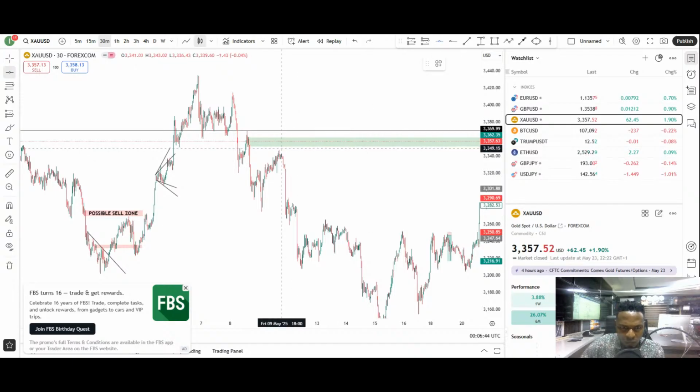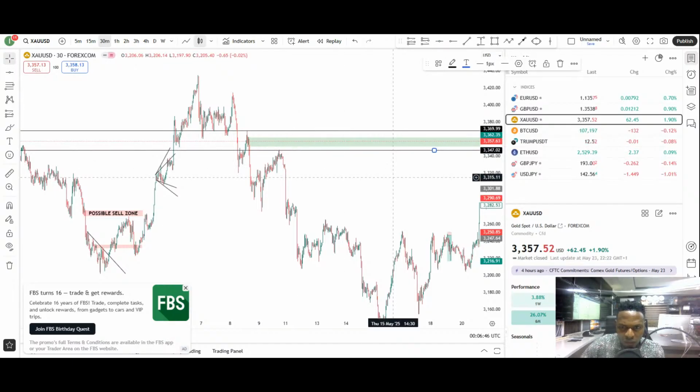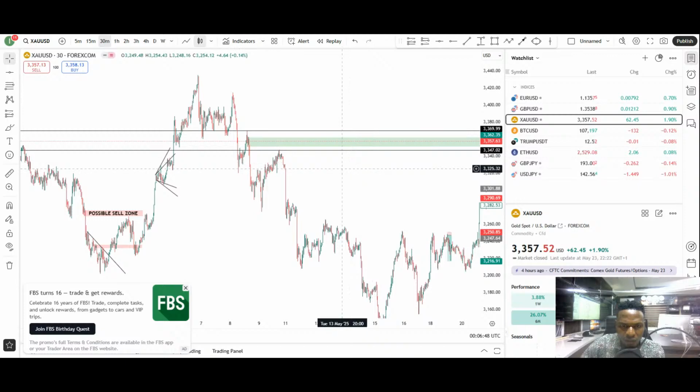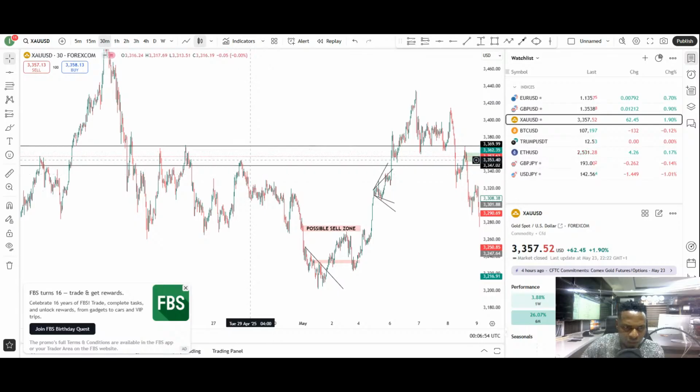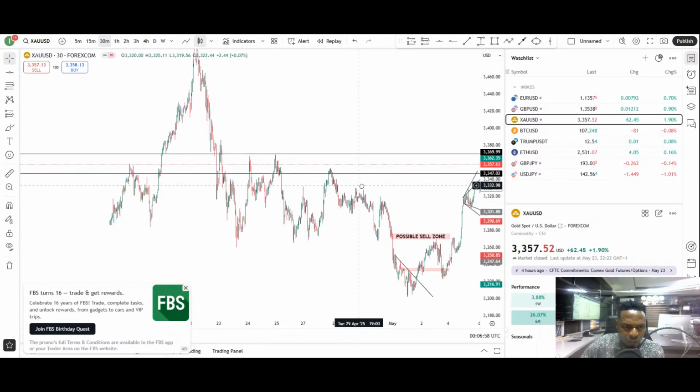Here is one. You can firstly pick one. Then from that one, check if there is any other around that zone. Say this is another one, right? Making it two.